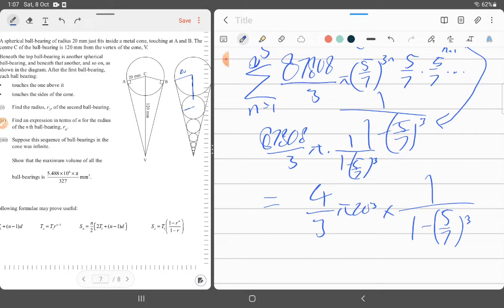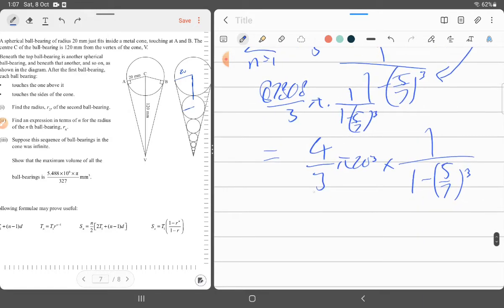Is that okay? That is equivalent. Okay, which is equal to 5.48 times 10 to the power 6 pi over 327.